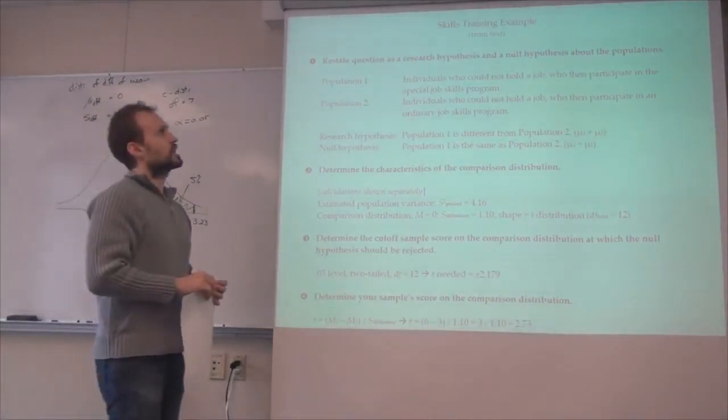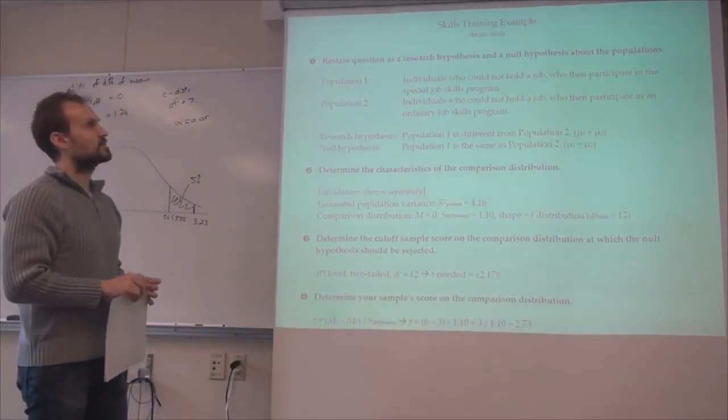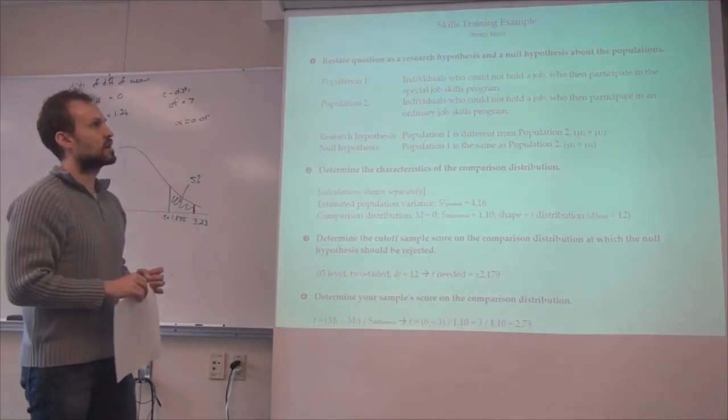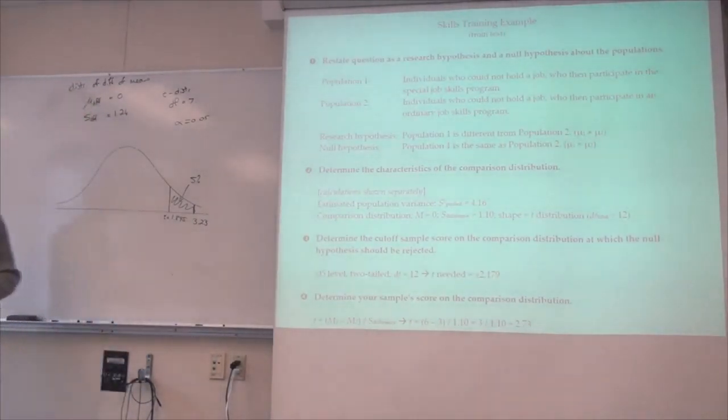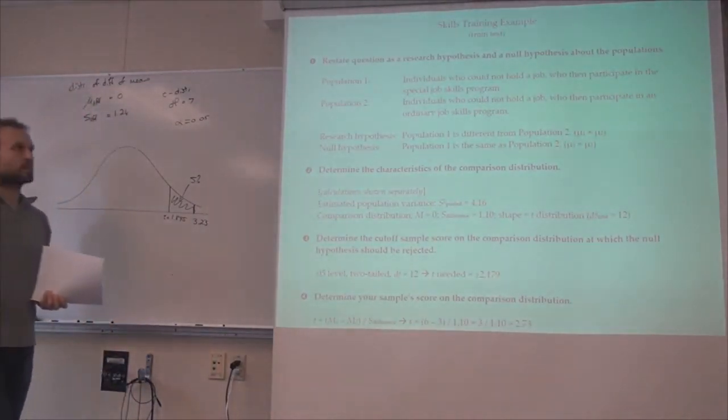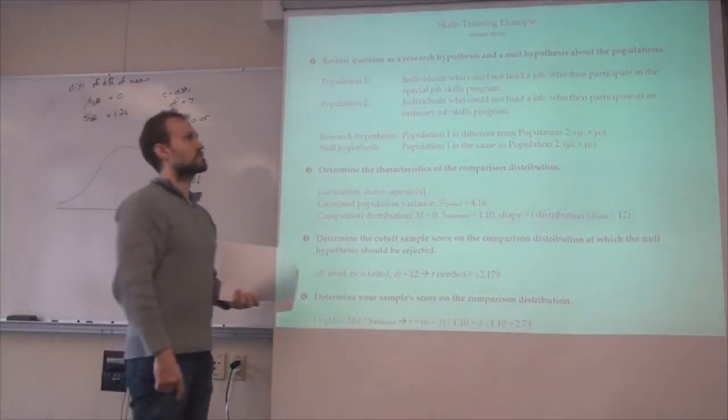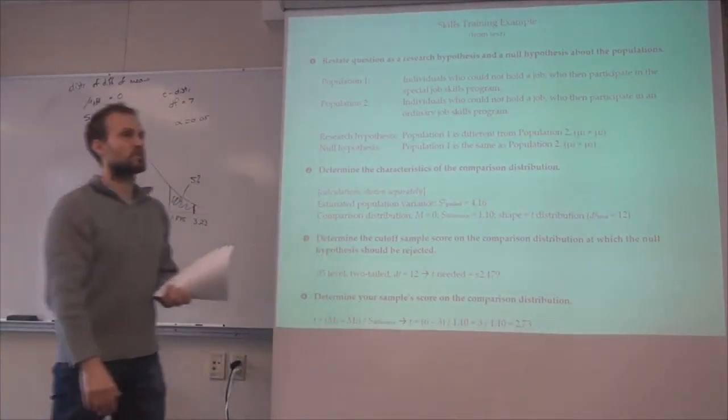In this case, I'm looking at individuals who couldn't hold a job and participate in some sort of special job skills program versus individuals like that, but who just have an ordinary job skills program.